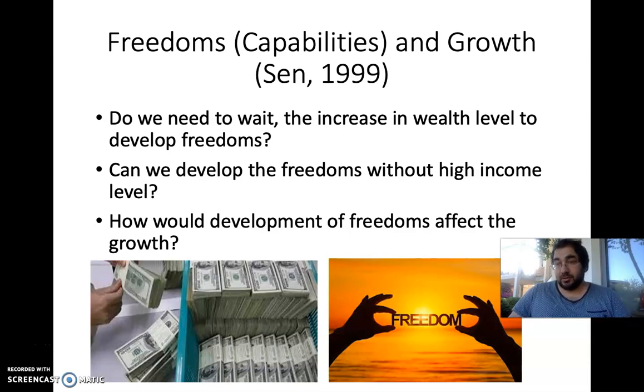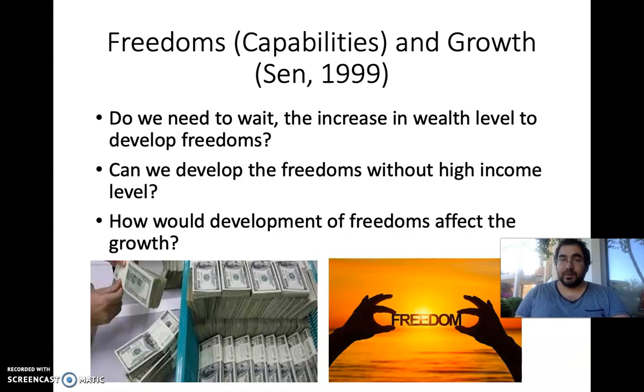Society becomes richer on average. On the other hand, the society has better life standards, to which Amartya Sen focuses on a specific one, developing the freedoms that allow people to live better. He doesn't talk about capabilities, he talks about freedoms. Later, the freedoms have been talked about as capabilities.